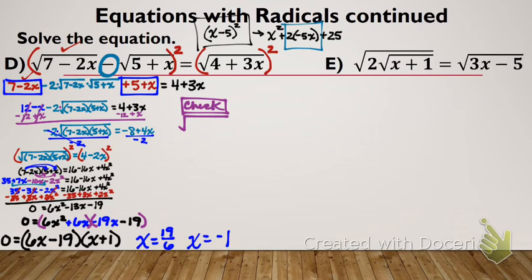So I have 7 minus 2 times negative 1 minus the square root of 5 plus negative 1 is equal to the square root of 4 plus 3 times negative 1. What would I get right here?